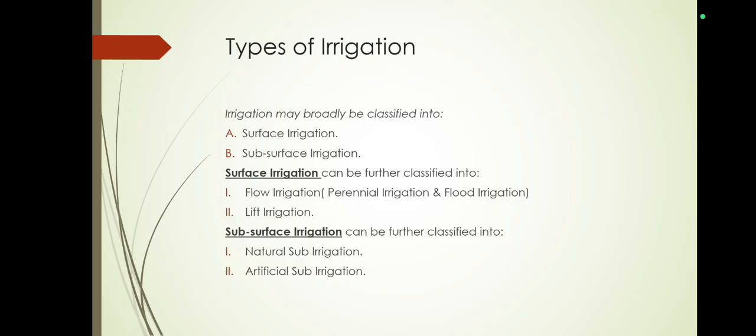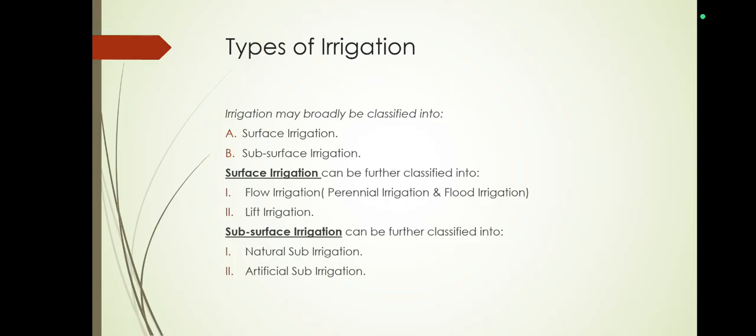Now, the types of irrigation. Irrigation may broadly be classified into surface irrigation and subsurface irrigation. When the water is available at a higher level and it is supplied to a lower level by the mere action of gravity, then it is called flow irrigation.